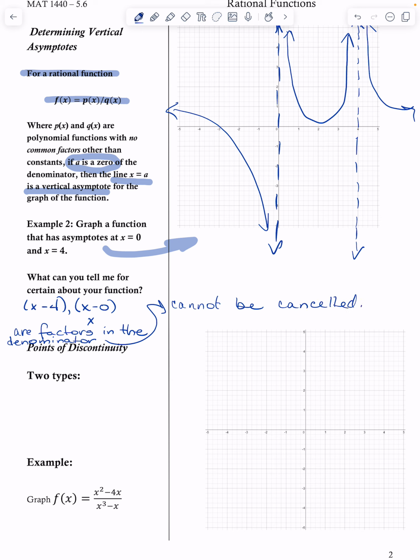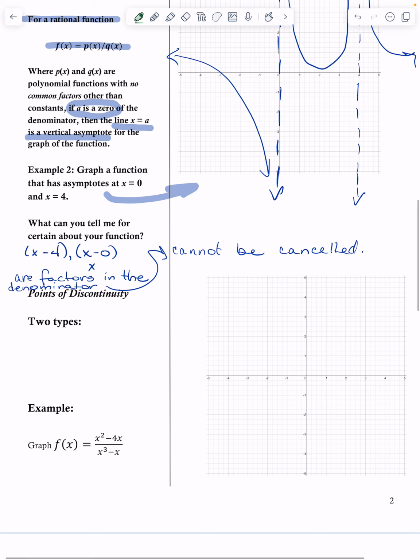Now, that's a little different than what we're going to talk about below here. We have two types of discontinuities. There's the kinds that we have looked at, which is non-removable, and those are our vertical asymptotes.